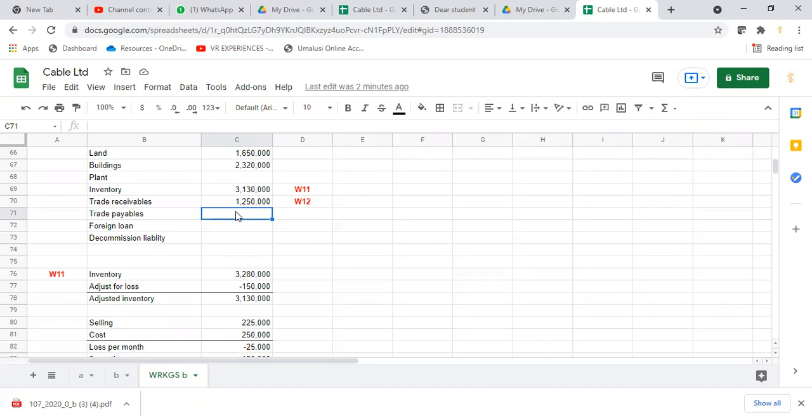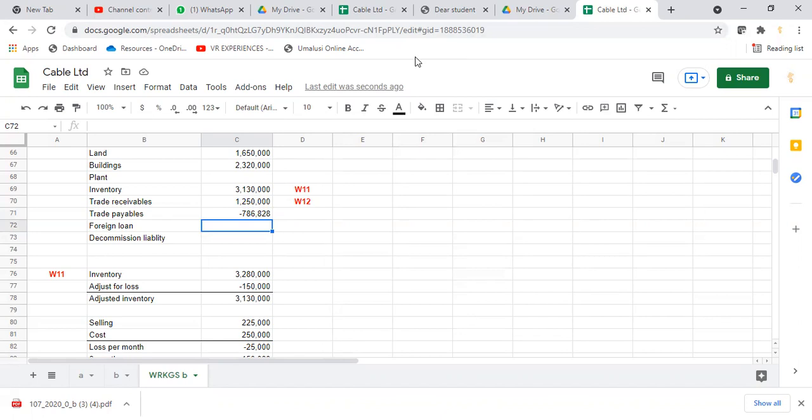Okay, so that's very important to take note of, and that is why they're saying that the trade payables need to be included in the carrying amount of the CGU, because the recoverable amount cannot be determined without including the trade payables amount. Okay, so what was it now? 786,828, I think. Just make sure that I have the correct number in over there. Okay, now for the foreign loan.